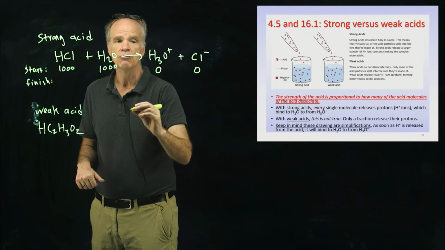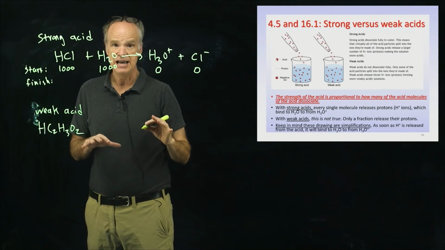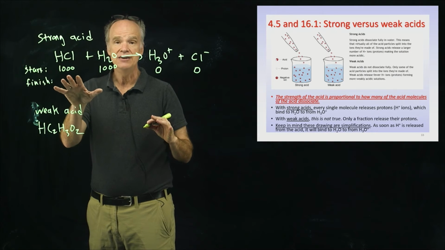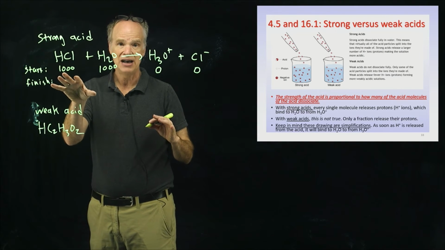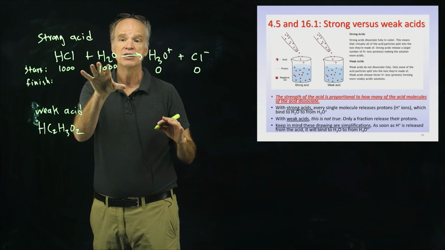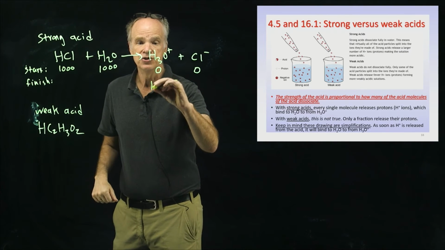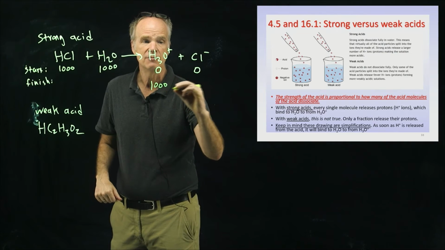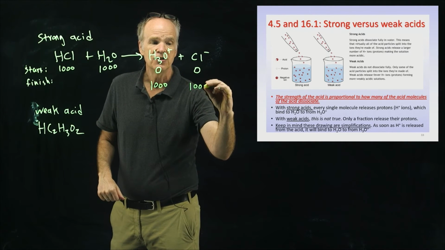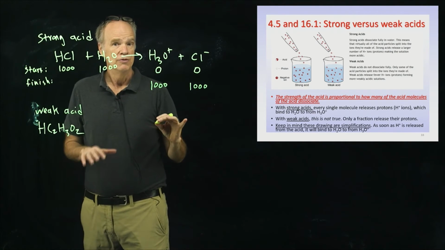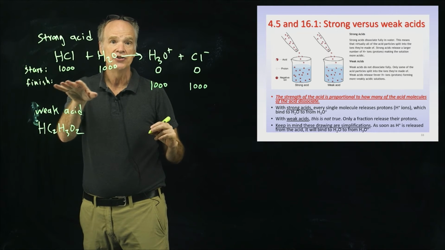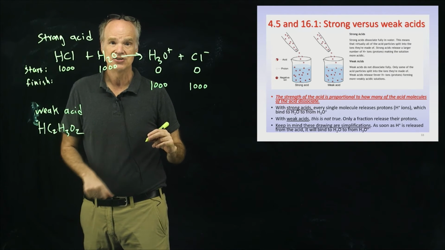So let's think about what we have at the end of the reaction. At the end of the reaction, all 1,000 HCl molecules have reacted with 1,000 water molecules and have produced 1,000 hydronium ions and 1,000 chloride ions. Now, do we have any HCl's and waters after the reaction is completed?